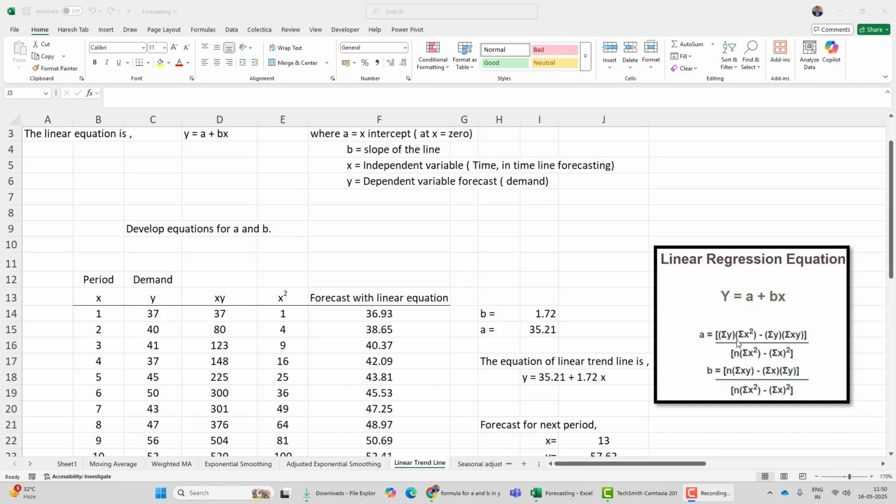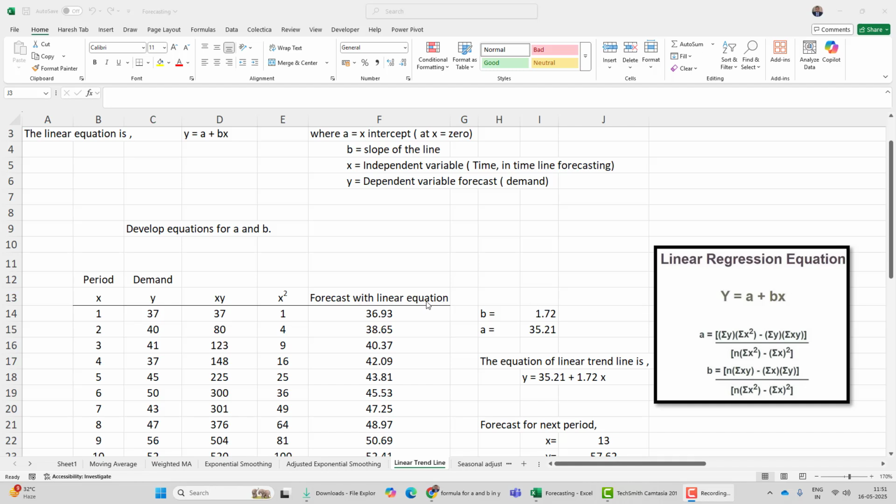So this ratio will give us a, which is our intercept, and b is given by n times sigma xy minus sigma x into sigma y, over the same denominator. This ratio will give us b, which is nothing but the slope.